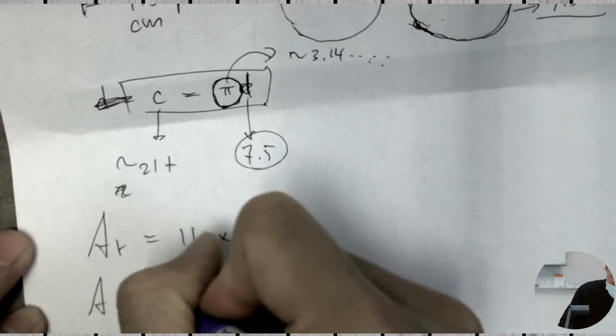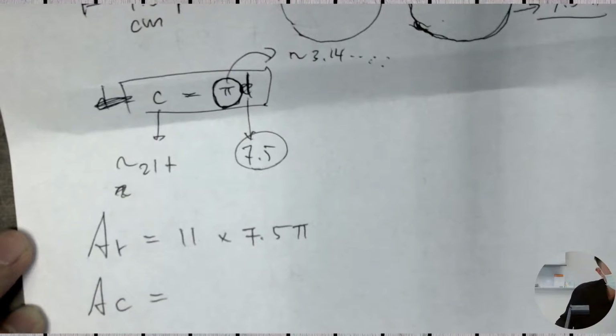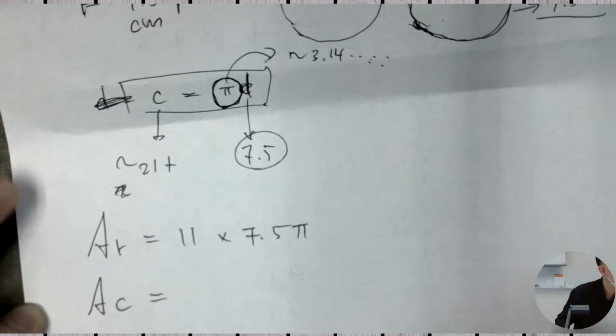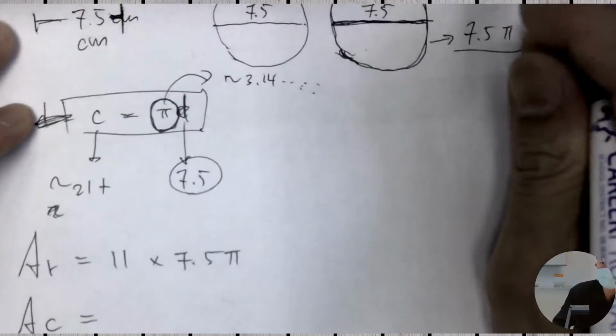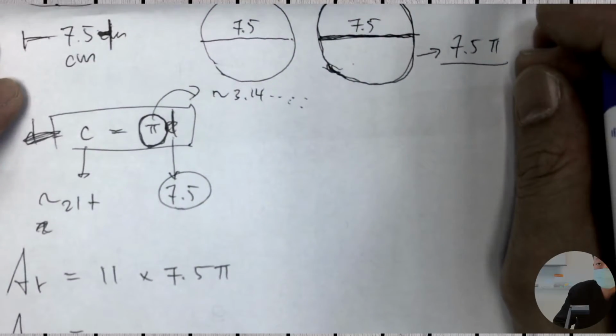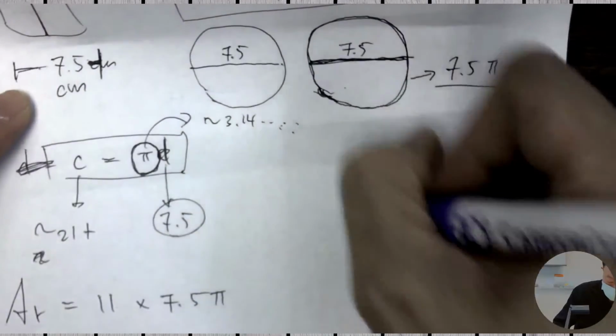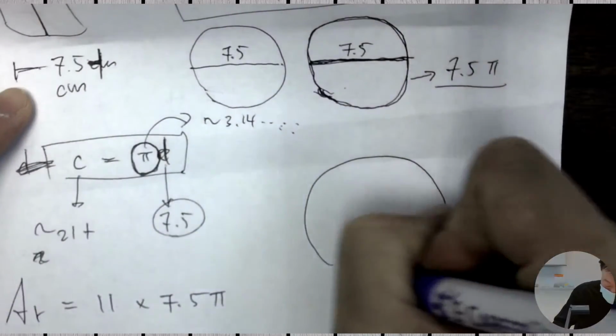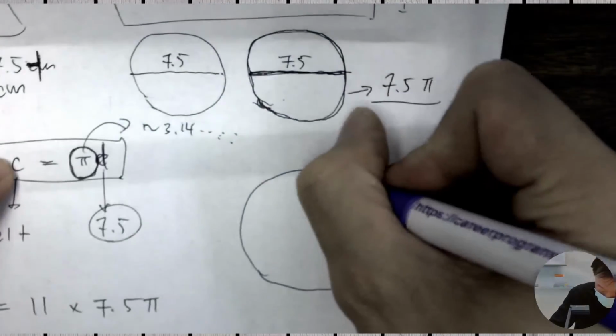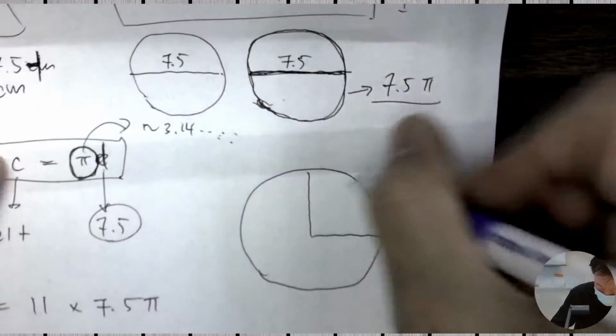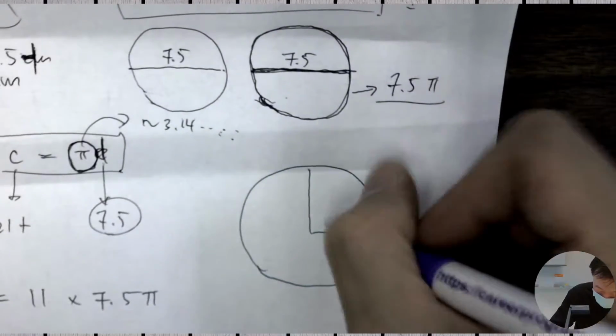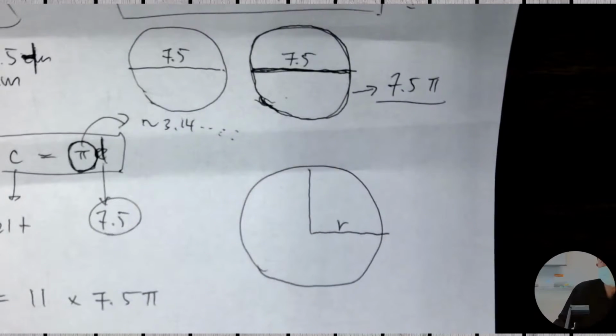Do you guys know how to find the area of a circle? Right, so just to review the formula, guys. Do you guys know what R stands for here?